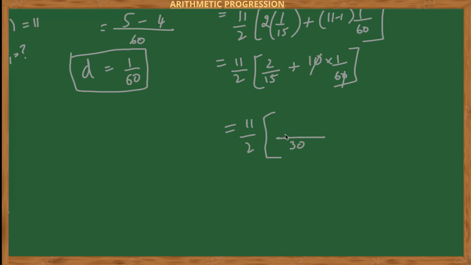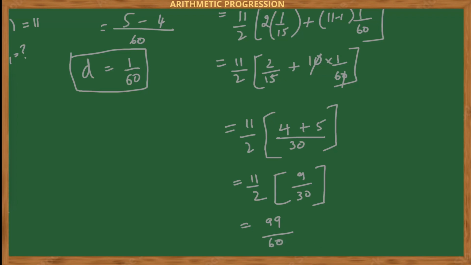Okay, so 30 here, 15 goes in 2 times... 15 goes in 4 times, plus 6 goes in 5 times. Okay, so 11 by 2 into 4 plus 5 is 9 divided by 30. So this is 9 into 11 is 99, and 2 times 30 is 60.